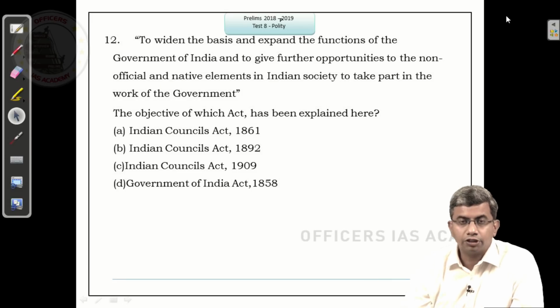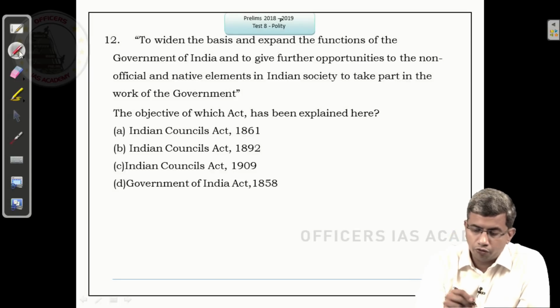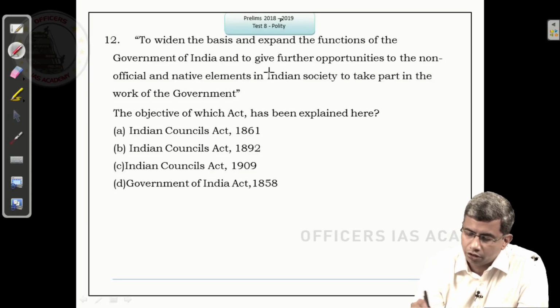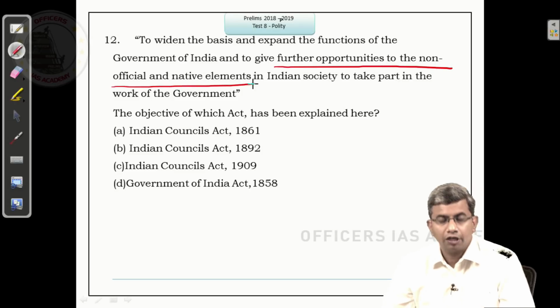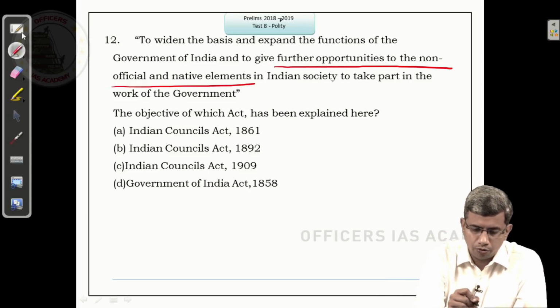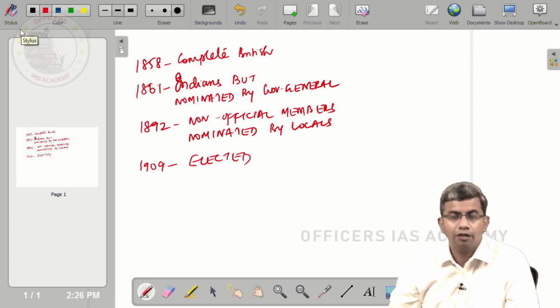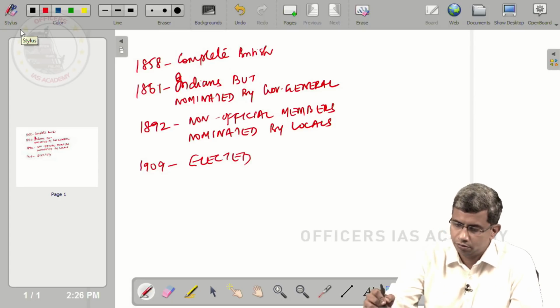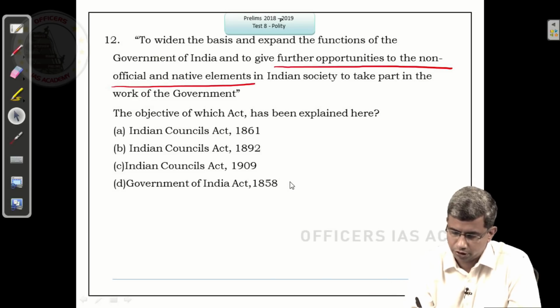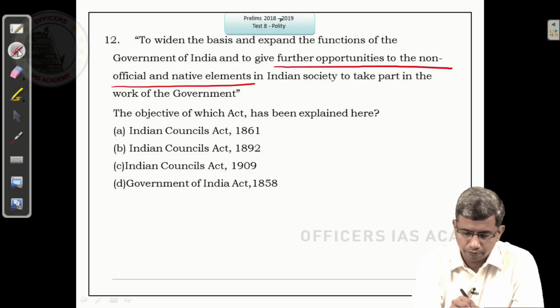What is the objective which is given here? To further the opportunities to non-official and native elements. 1858, clearly, as you look at this table, 1858, complete British control. So, this is automatically eliminated.